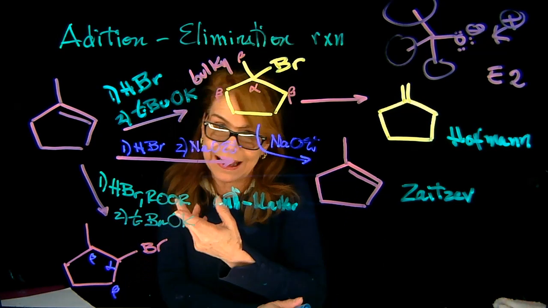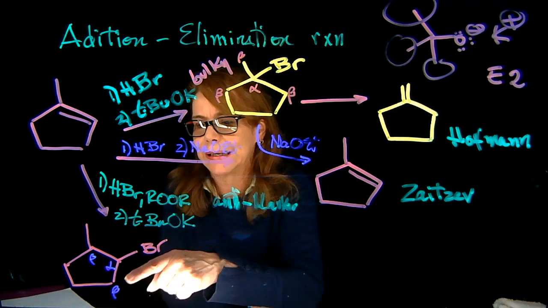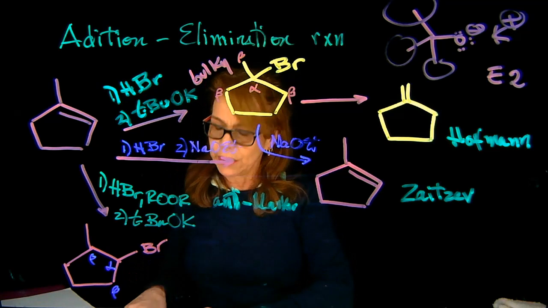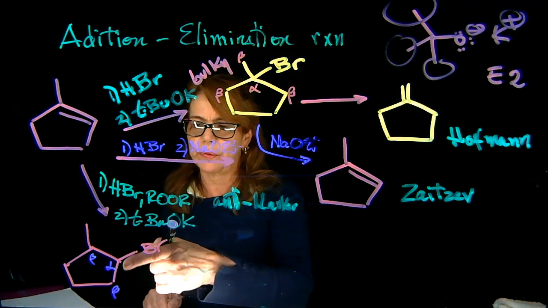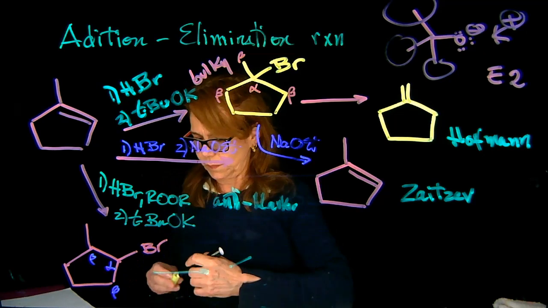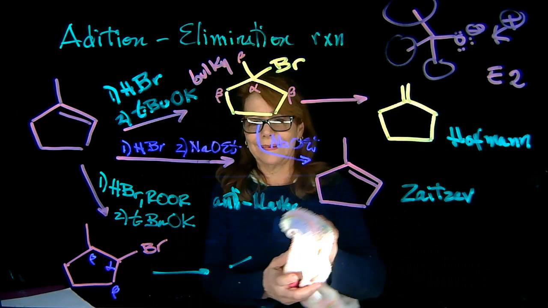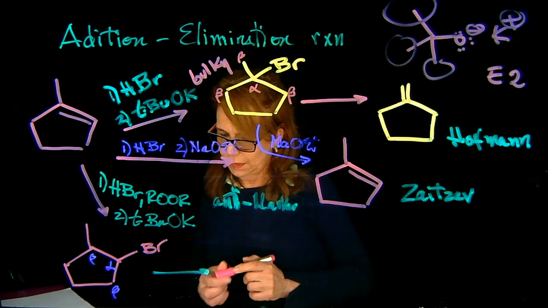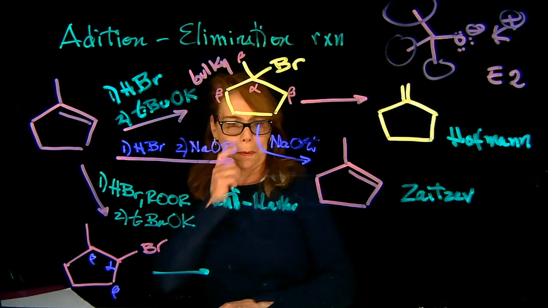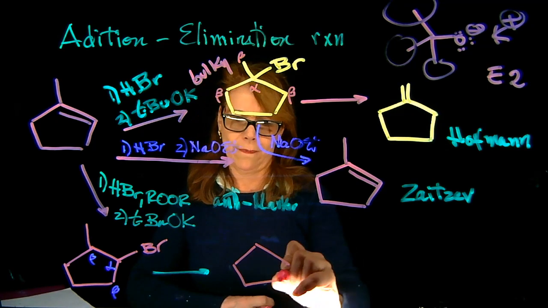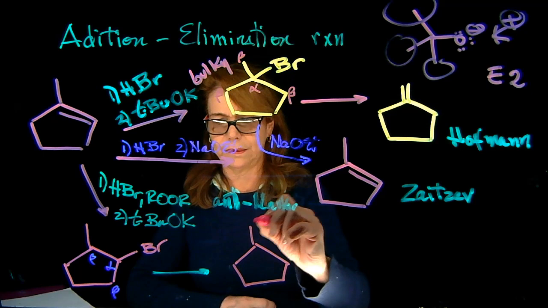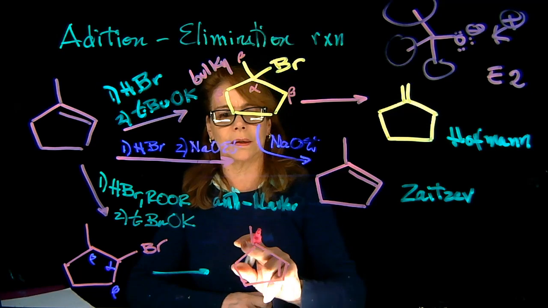This side has less steric hindrance, that's the least substituted alkene. So if you treat it with potassium tert-butoxide, you're going to form the alkene that is less substituted. So let's draw it. You're still going to have the methyl here, and you're going to form that alkene.